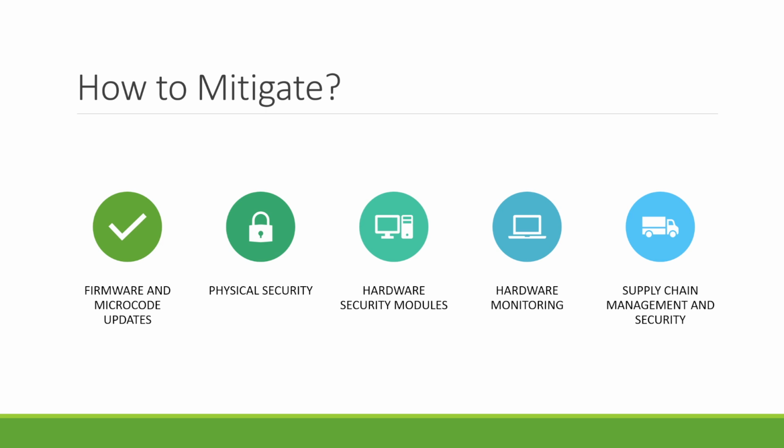Hardware security modules, otherwise known as HSMs, are specialized devices to protect sensitive data, and this is in the cryptographic world. This is all about key generation for encryption and decryption. As we isolate these different pieces of hardware through HSMs, they can help reduce hardware vulnerabilities from being exploited.